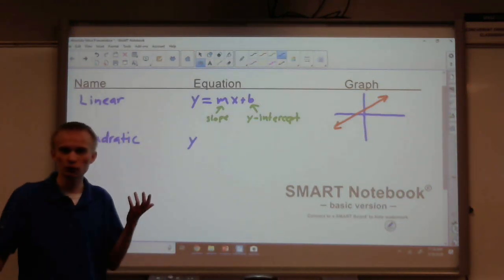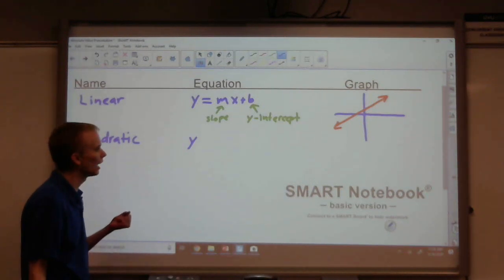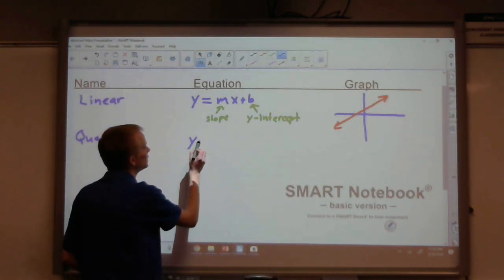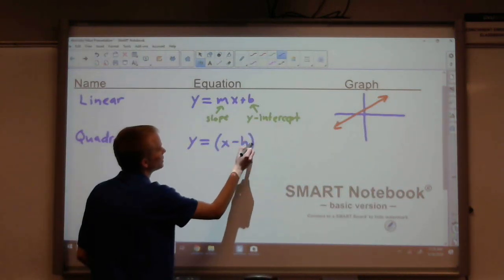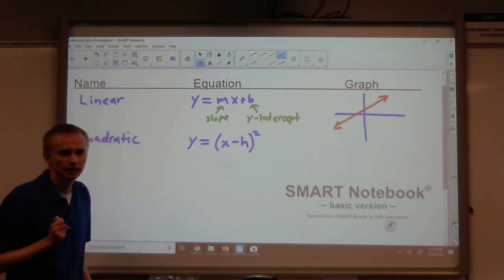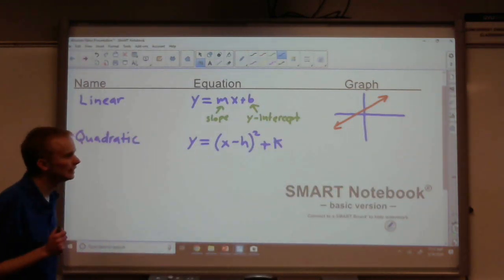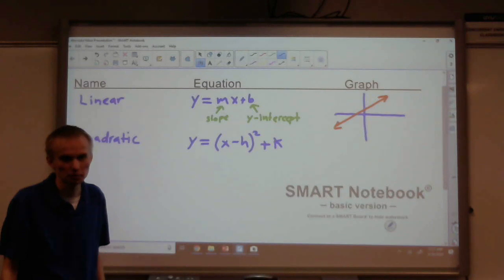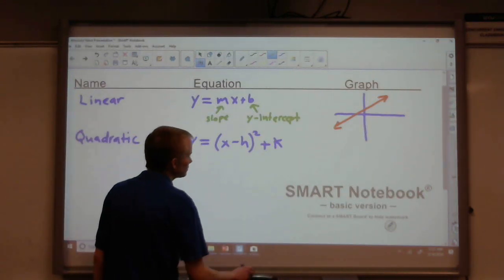There were several forms that we could write our equation in, but the one that helped us graph the most was y equals a times (x minus h) squared, plus k. This was called the vertex form of the equation of a parabola.